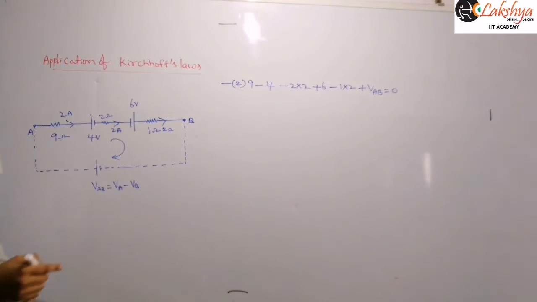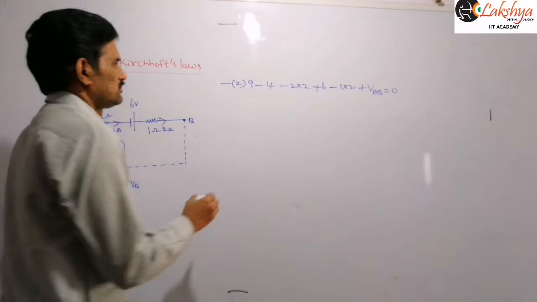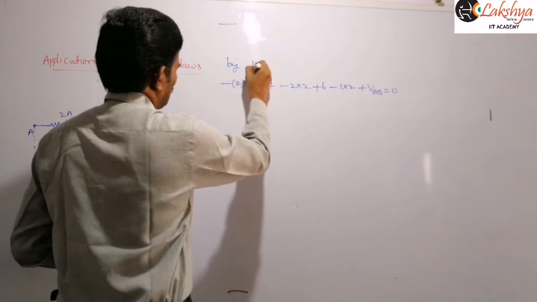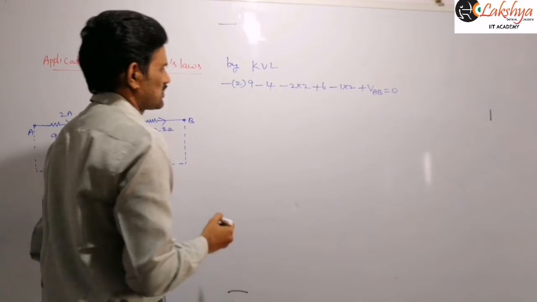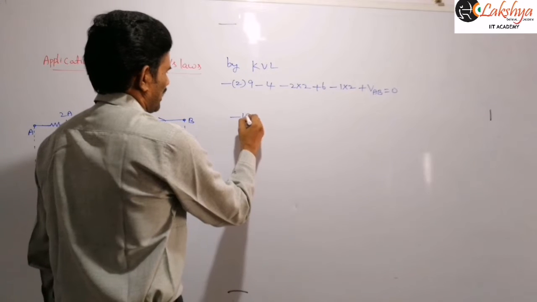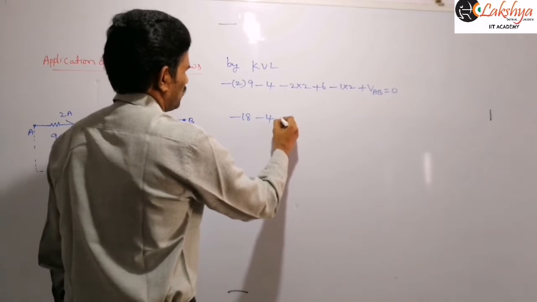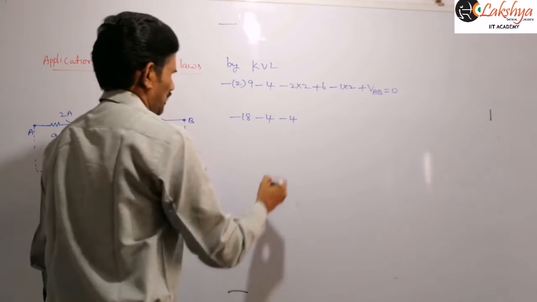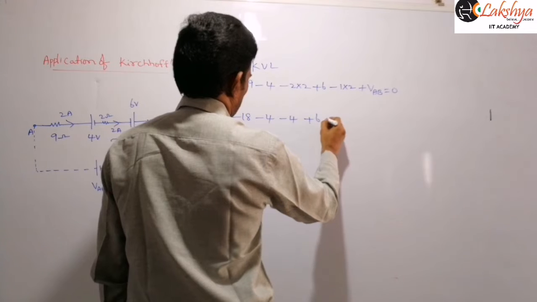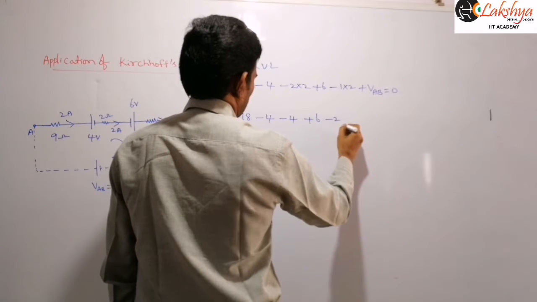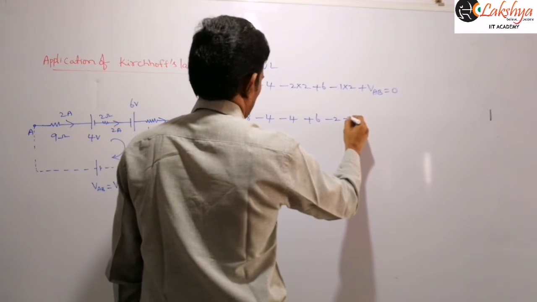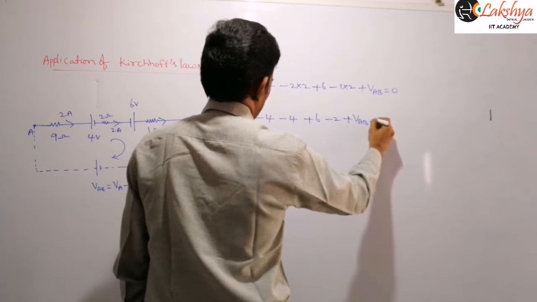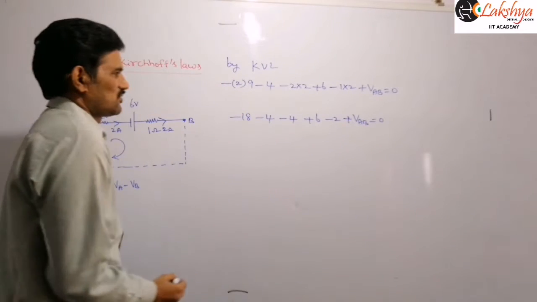So that is the application of Kirchhoff law for this closed loop. So that is KVL, Kirchhoff voltage law. So this is minus 18 minus 4 plus 6 minus 2 plus VAB is equal to 0.